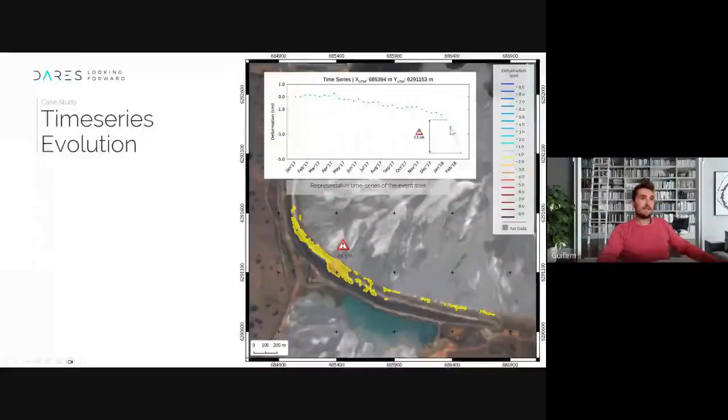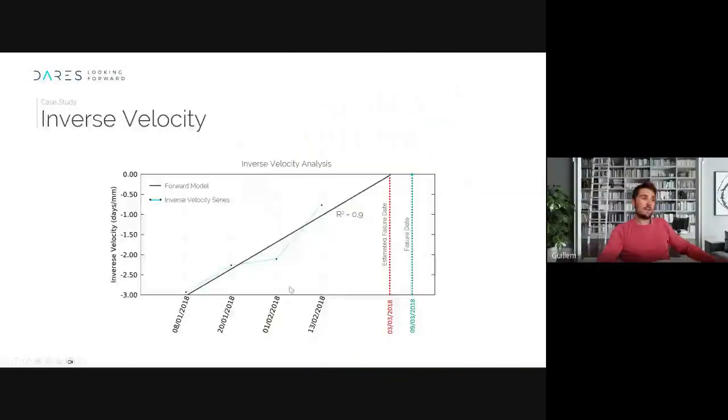So what we did was perform an inverse velocity analysis to see when the inverse of the velocity is going to zero, which means infinite velocity. We said, okay, if everything goes the same way, we estimate that this will fail on the 3rd of March 2018, and we calculated this on the 13th of February. Of course, if you have more images, you can do a better estimate.